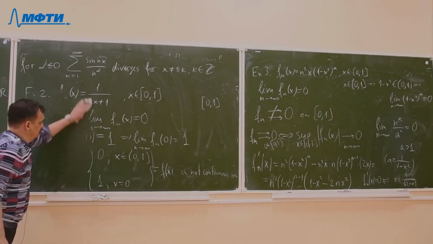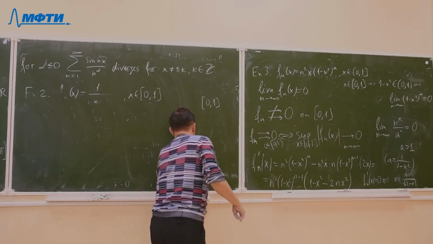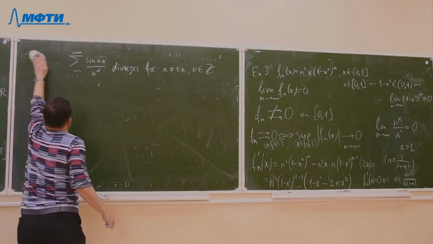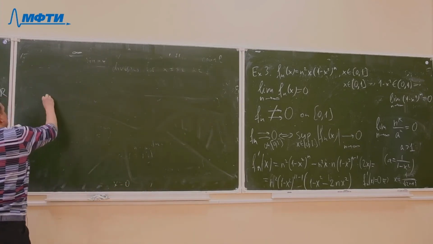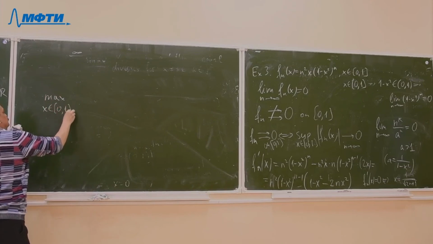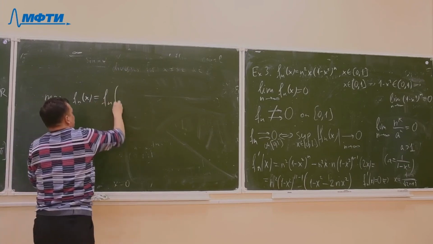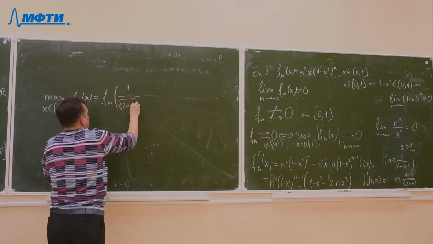And in fact, that is a maximum point. I have no time to draw a picture for the signs of the derivative. So what about the maximum? The maximum for x in [0, 1] of f_n of x equals f_n of 1 over square root of 2n plus 1.